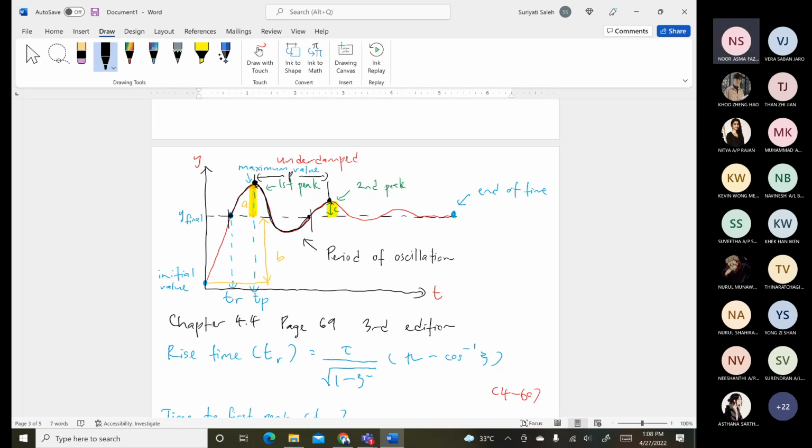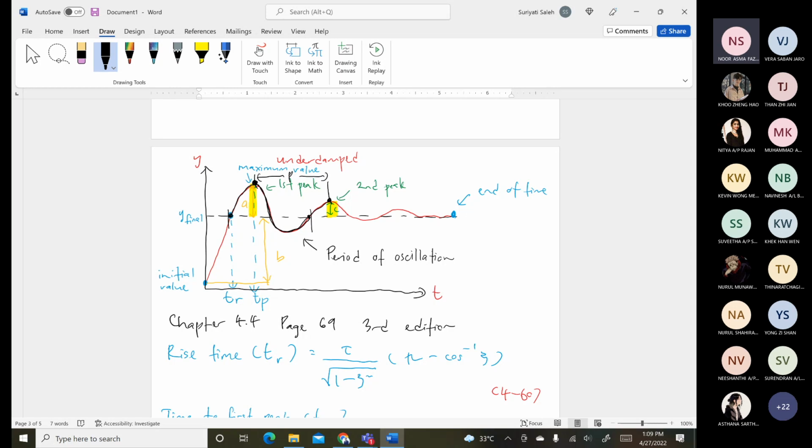Luckily for you, since we have the test in week 6, this is not covered up to this point. Before this, in the previous semester, the second order has been covered. So this is the explanation of the second order underdamped response, just a brief discussion.